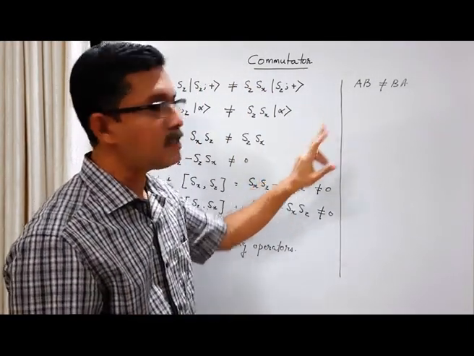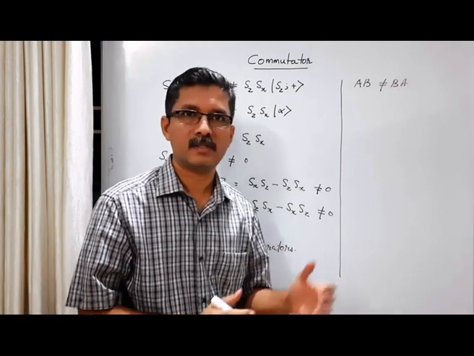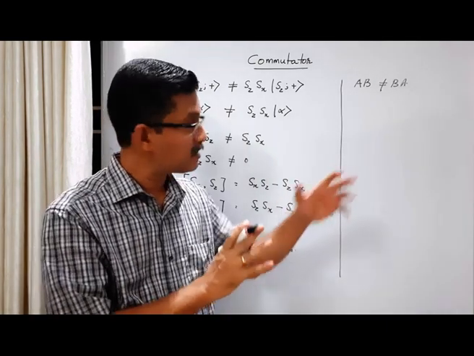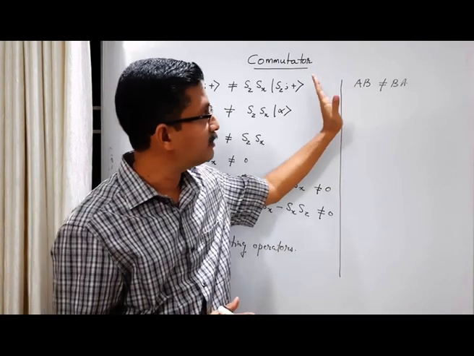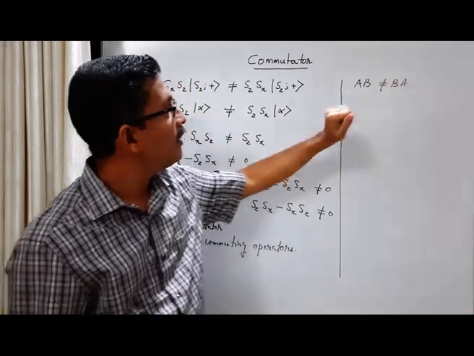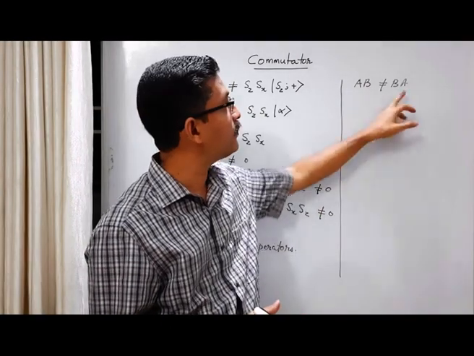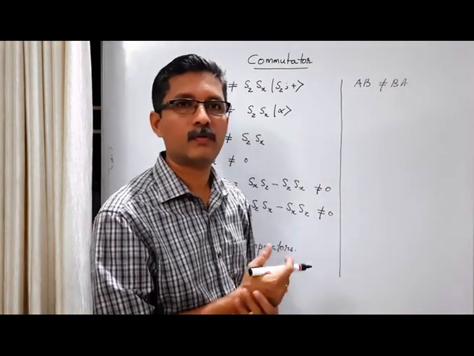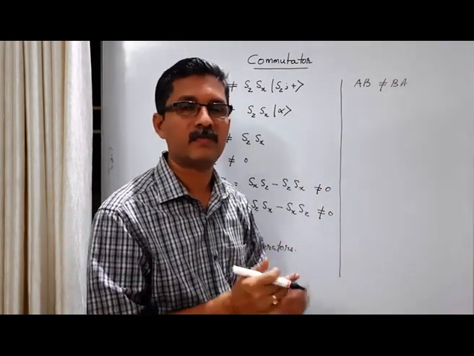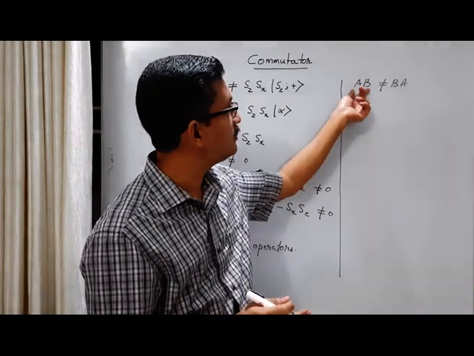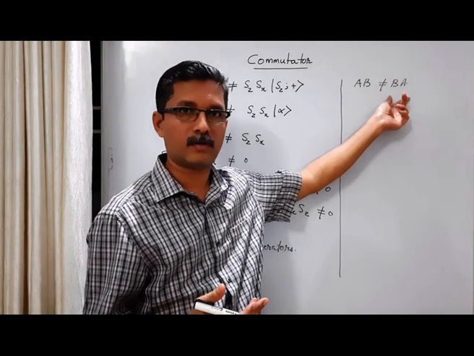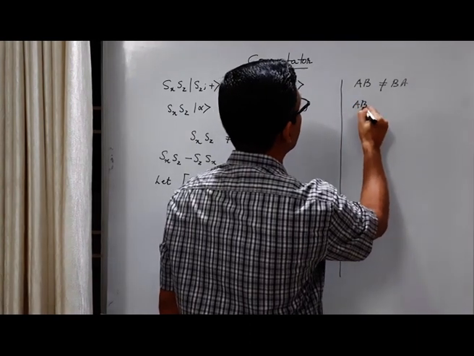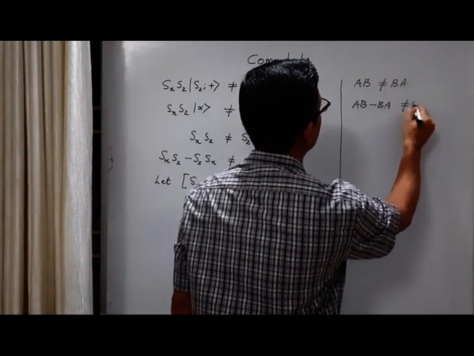That means if you change the order in any sequential measurement, just like we have seen in the case of sequential Stern-Gerlach experiments, if we measure B first and then A, acting on some ket vector from left to right, the final state will be different from measuring A first and then B. That means if we change the order of two physical quantities in a sequential measurement, we get two different final states. That means this product of operators is different from this product of operators. In other words, AB minus BA is not equal to 0.